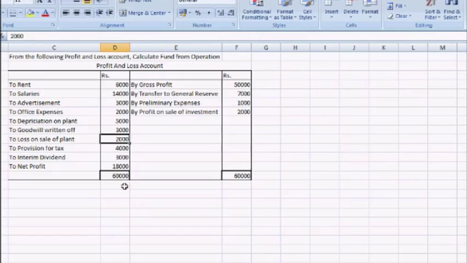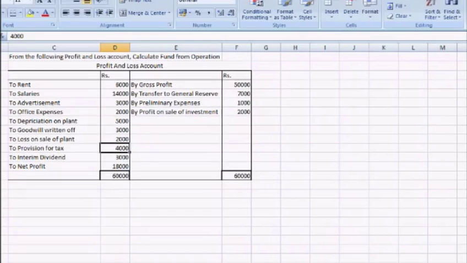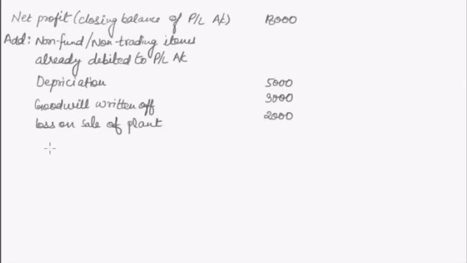Next one is provision for taxation. So we write provision for taxation. The amount is 4,000.